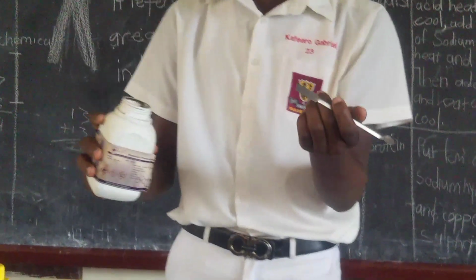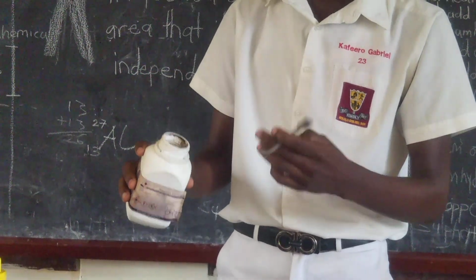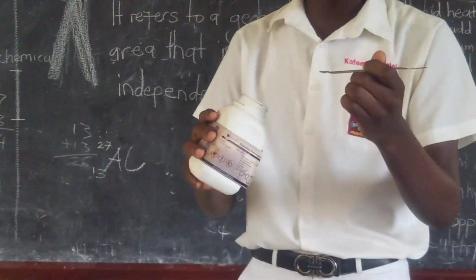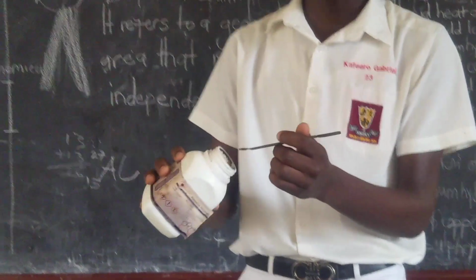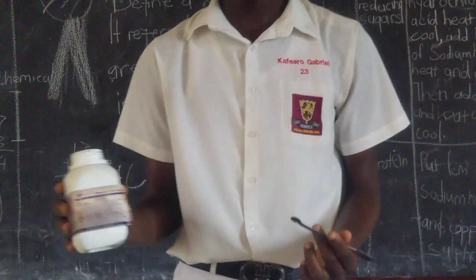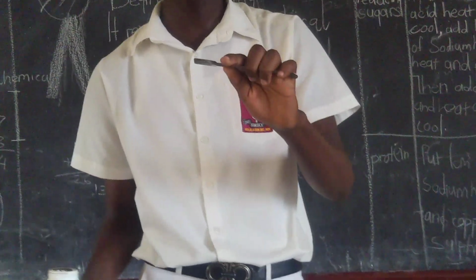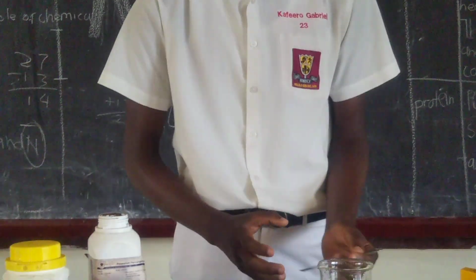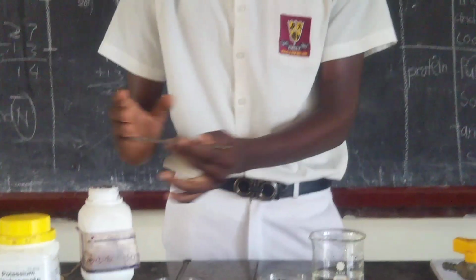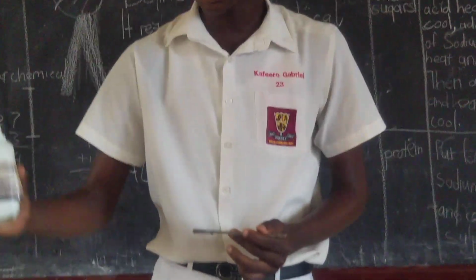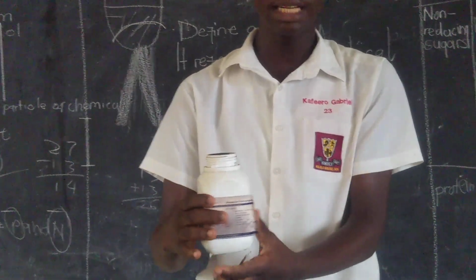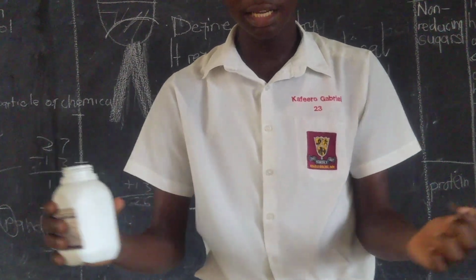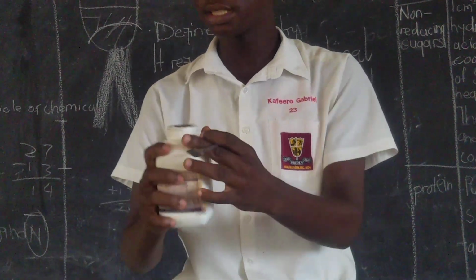Because if we use this side, it may pour around. But if we use this curved side, it can be held from the container to the slide. The flat side is used when you are just taking a substance from one place to another, not directly. Remember, this container is not flat, it's not open, it's not exposed to air, it's a bit curved.